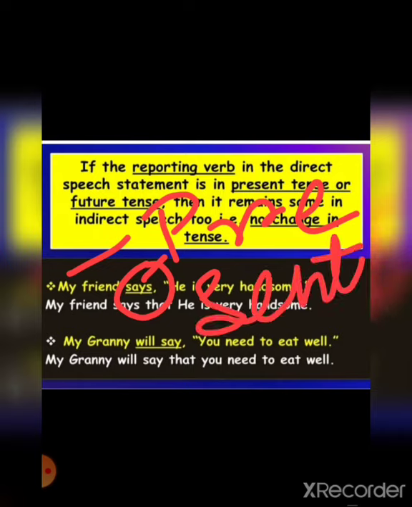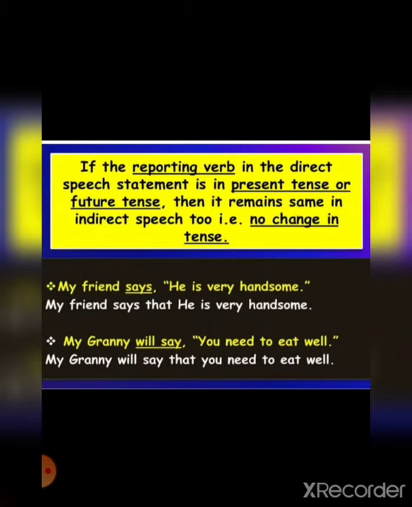So whenever the reporting verb is written in present tense or in simple future tense, then you will understand that no tense will be changed inside the inverted commas in indirect speech. Okay?